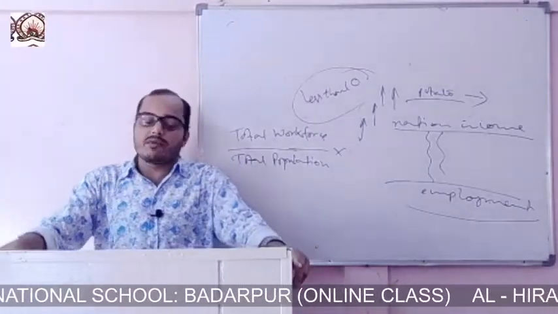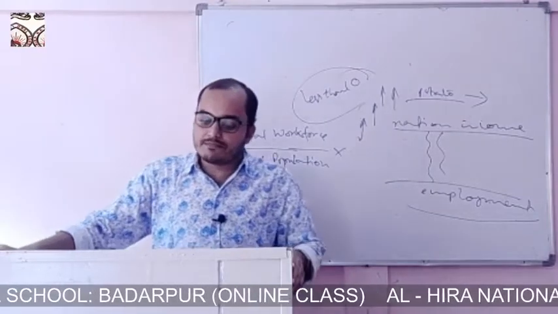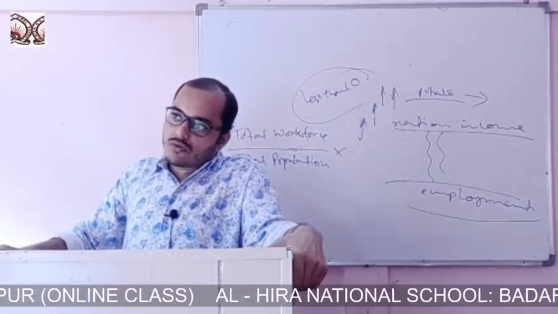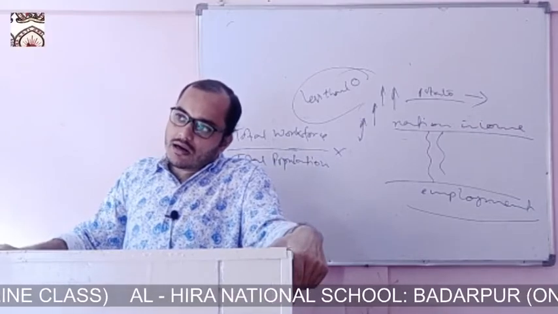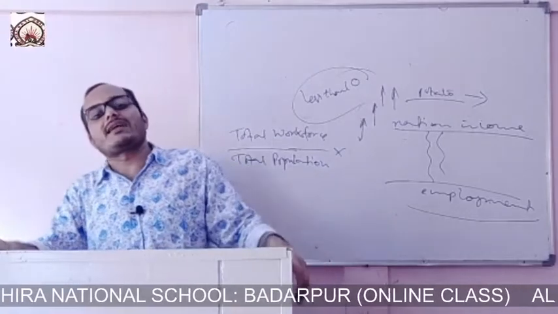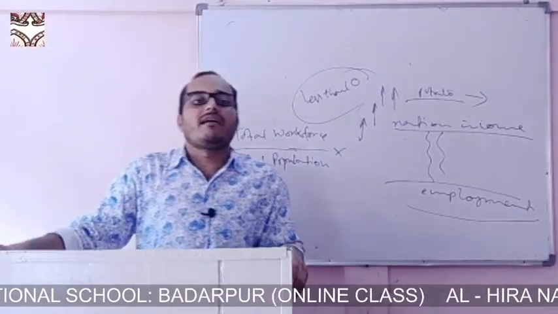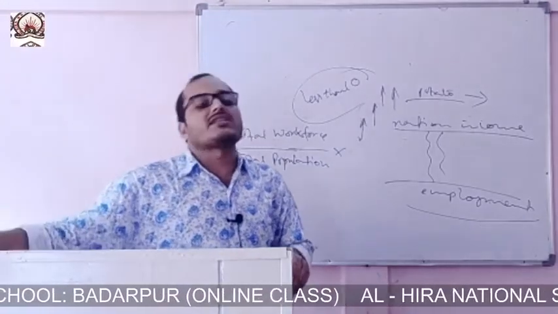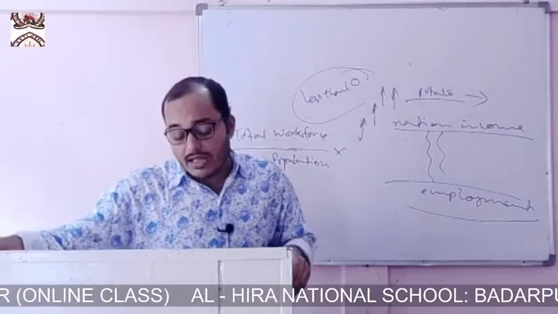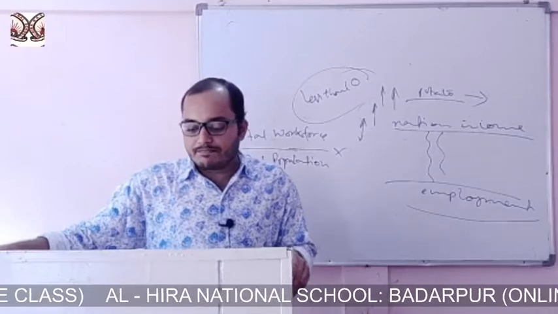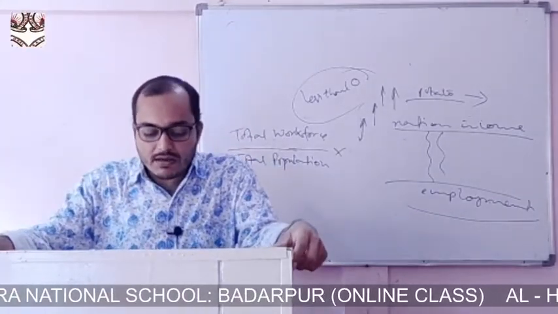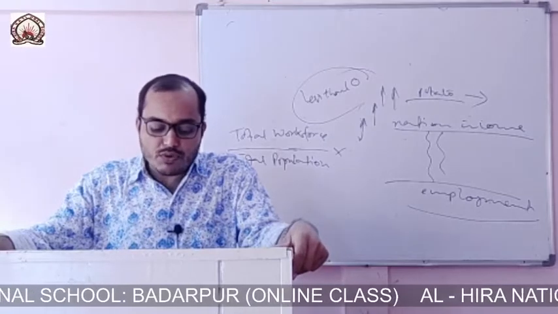Next, it is sustainable development. It is a development that meets the present needs without compromising the needs of future generations. This is called sustainable development, and the idea was first developed in 1987, when the Brundtland Commission put forward the concept.